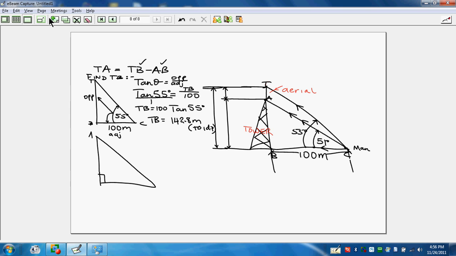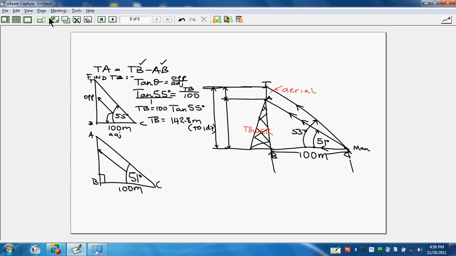So let's use ABC, and we'll use that to solve for AB. In this triangle, the angle at C, which will be going to AC, will be the 51 degree angle. Right, so that's the angle we'll use. We know BC is still 100 meters. And we want to find AB.